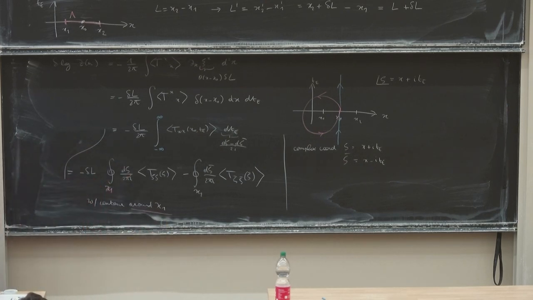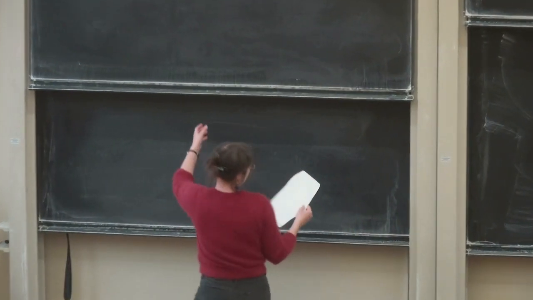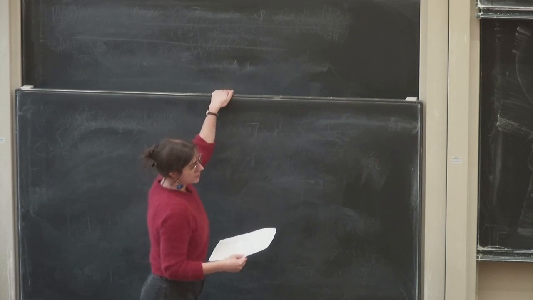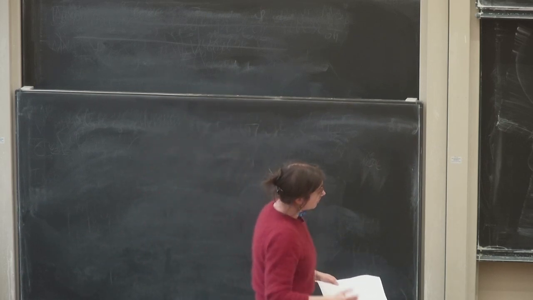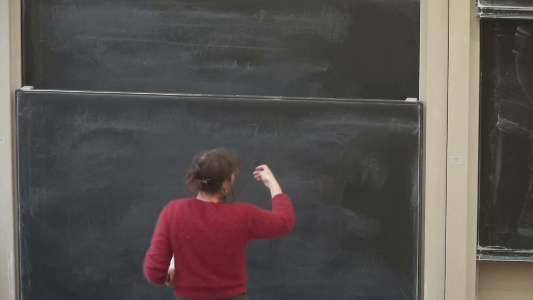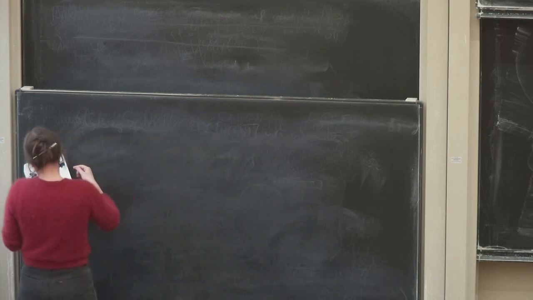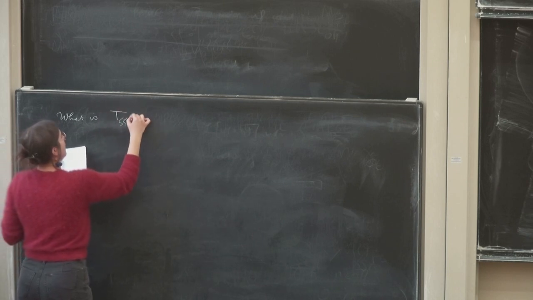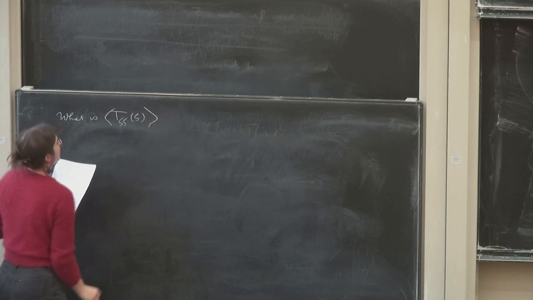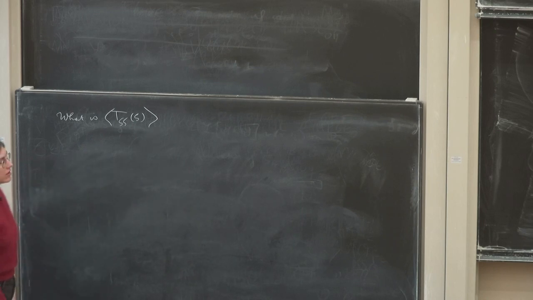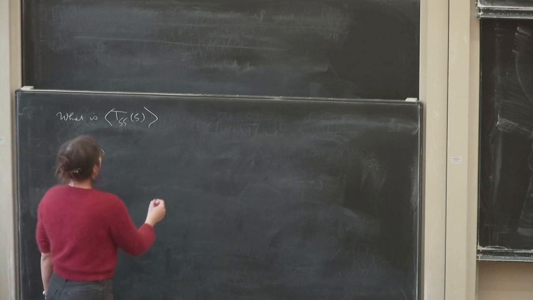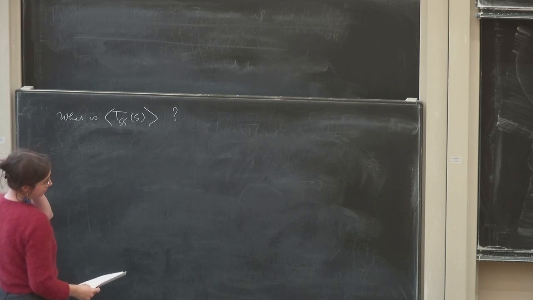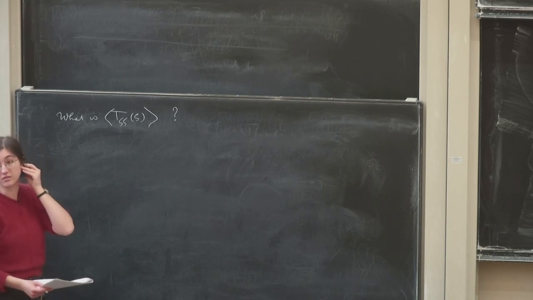Okay, so now we just have to do this complex integral to work out this log Zn. But we need a trick to know what the integrand of our complex integral is. Namely, what is this expectation value of the zeta-zeta component of the stress tensor?